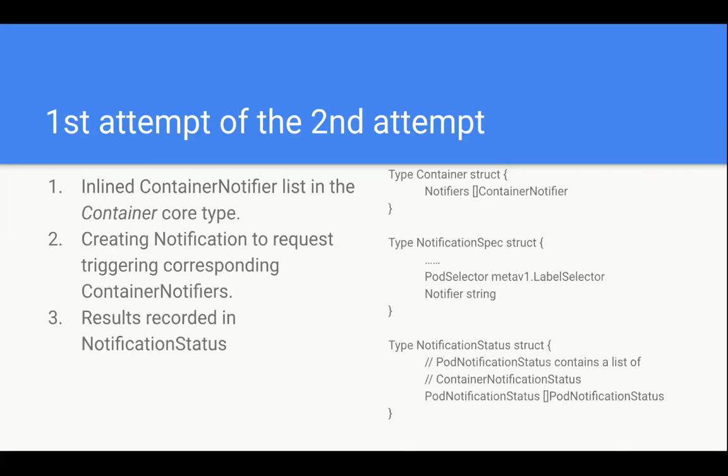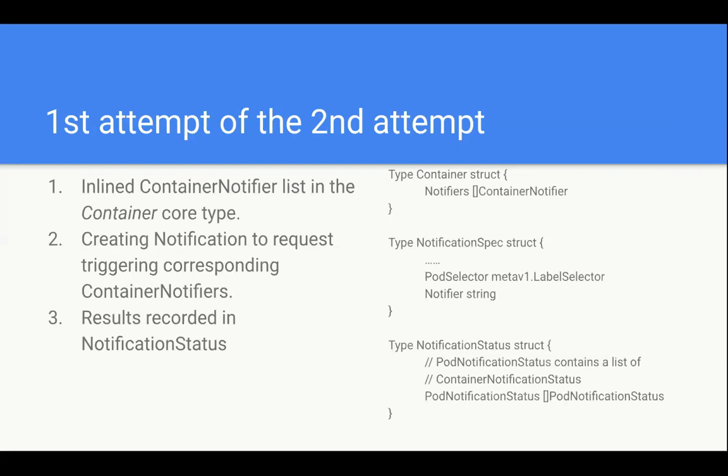So the major concern on this design, there are a couple of aspects. One aspect is there could be thousands of pods in your cluster. How do you scale your notification status? Because your pod selector can be arbitrary, right? It can be anything. And then it may end up with thousands of pod notification statuses nested underneath the notification status.